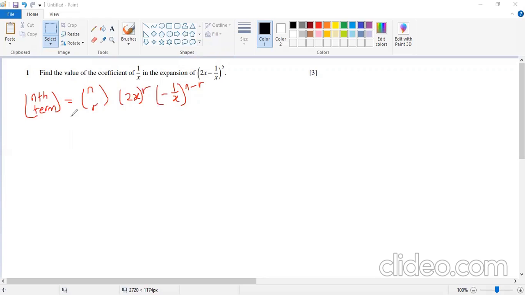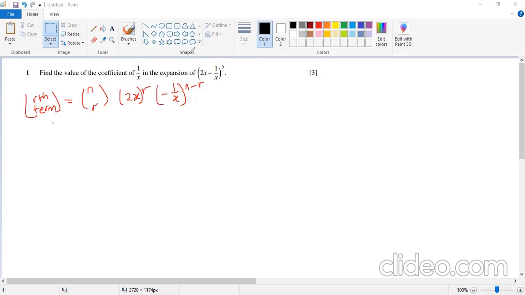Depending on how we write it, the rth term can be written the other way around as well. But normally we want to label the x to the power of r part as the rth term. So that's why we choose this hierarchy.